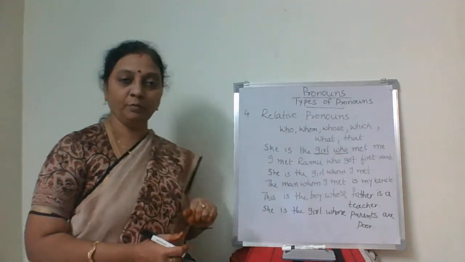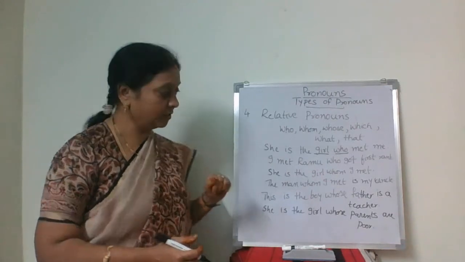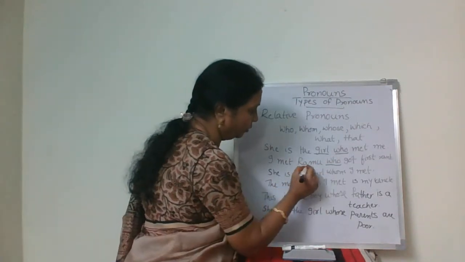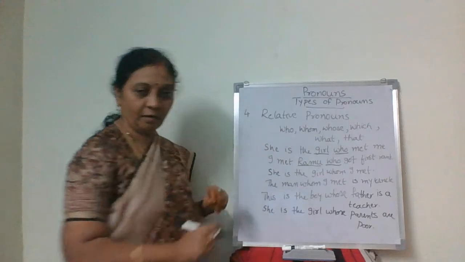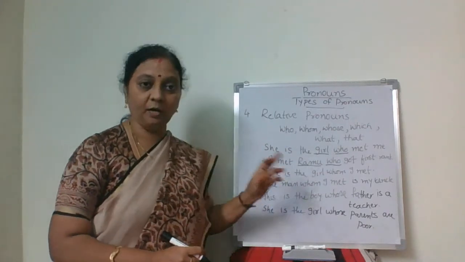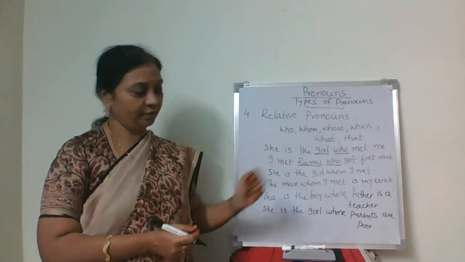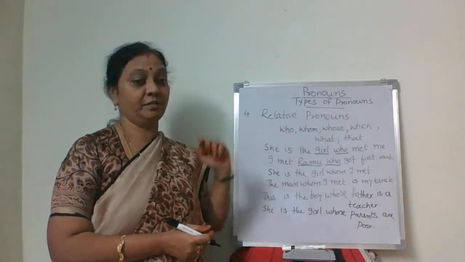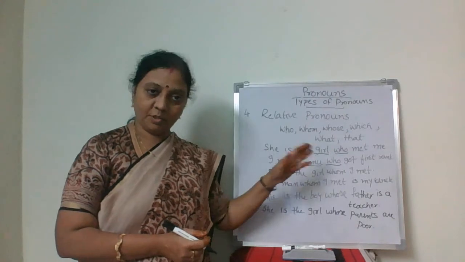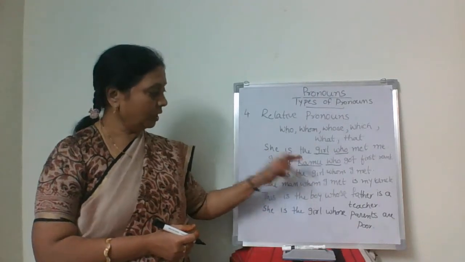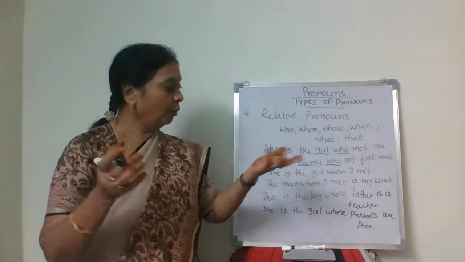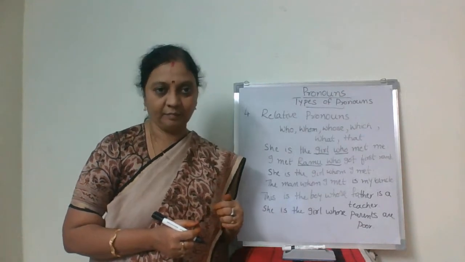I met Ramu who got first rank. Ramu is the antecedent and it is the noun, and who is talking about Ramu. It refers to the noun which comes before it. I met Ramu who got first rank.